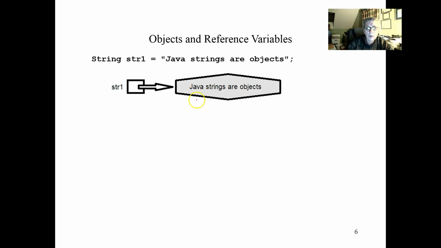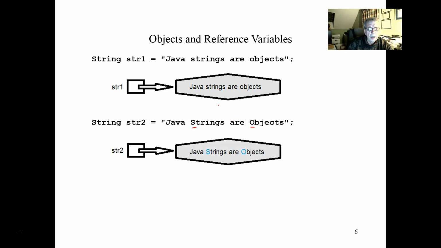The reference variable gets populated through this assignment operator with a pointer or a reference to somewhere in memory where the object actually resides. If we go ahead and create the second string object and string reference variable, as was done in the code, remember we're using a different value here, but what actually happens is the str2 reference variable gets created and points to a different memory location.